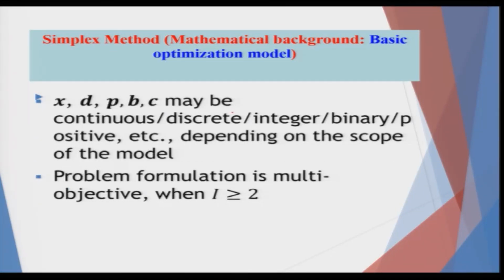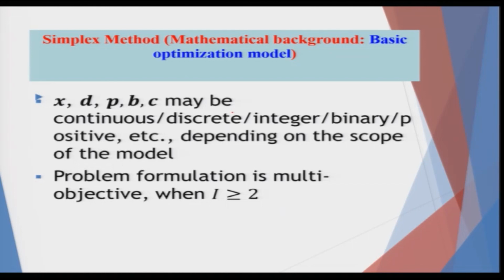Here x, d, p, b, c may be continuous, discrete, integer, binary, positive, whatever it is depending on the scope of the model. For the case of linear programming, we will consider the continuous one and positive integers. If you remember, x1 and x2 are greater than or equal to 0 and x1 and x2 are continuous. If it is a problem of trying to find out the amount of production of paints, it was continuous, but if you are trying to find out the number of trucks which will be utilized to transport goods or the number of factories which will be built, it is integer in nature, or the number of boxes transferred would be integer in nature.